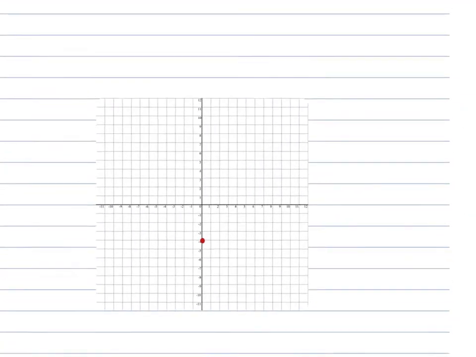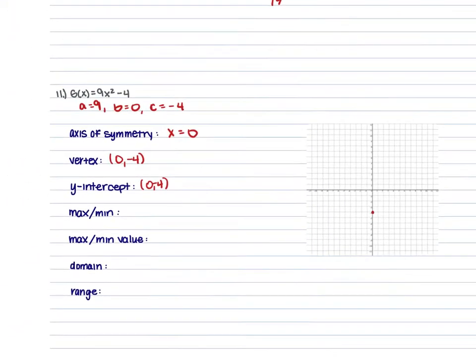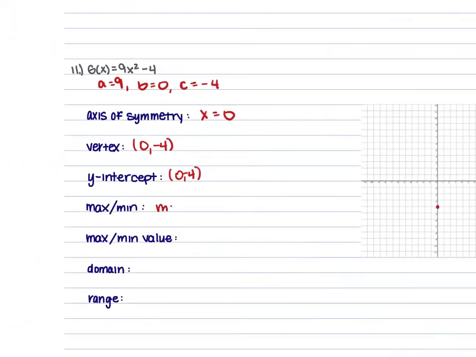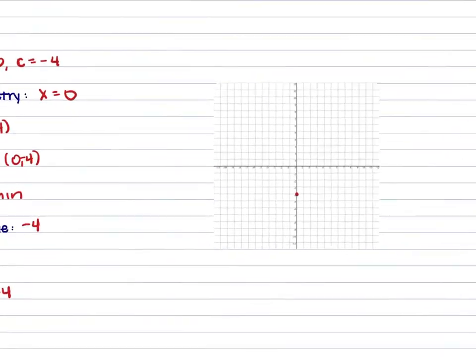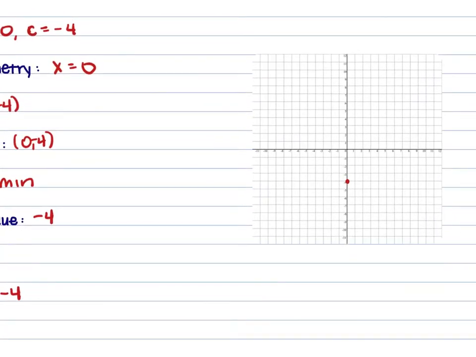And then we have a minimum value which is negative 4. Our domain is all real numbers, and our range is y is greater than or equal to negative 4. We're going to plug in values here, so we're going to try 1. So this is going to be 9 times 1 squared minus 4. That's going to give us 9 minus 4, which is 5.